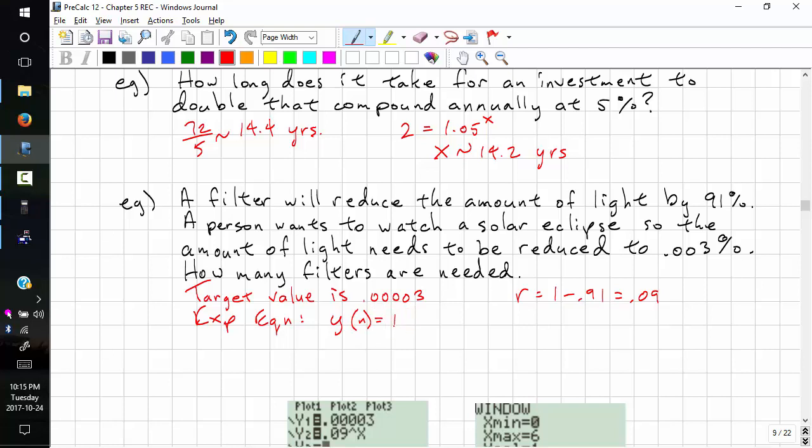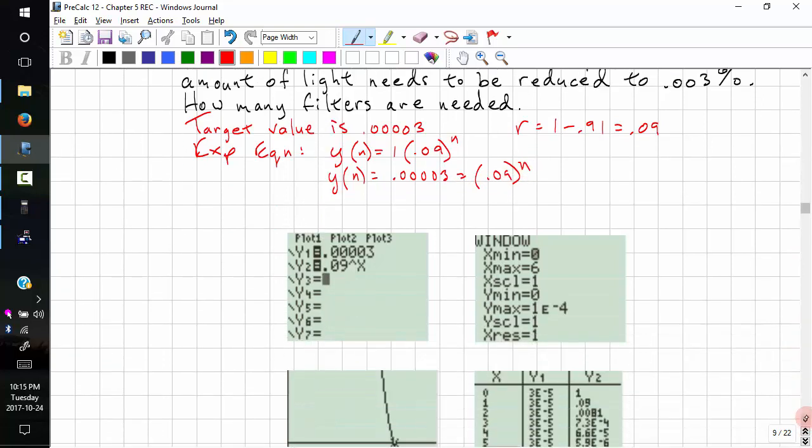We start off with 100%, and it's 0.09 to the power of n. Okay, so we have y_n equals 0.00003 equals 0.09 to the power of n, and we use our graphing calculator.